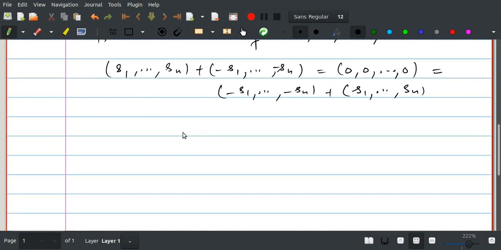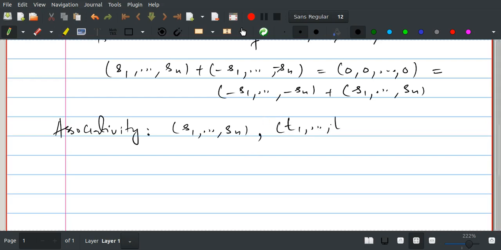Finally, for the associativity, let us consider S1 through Sn, which is an element in our running group, T1 through Tn, and say P1 through Pn.